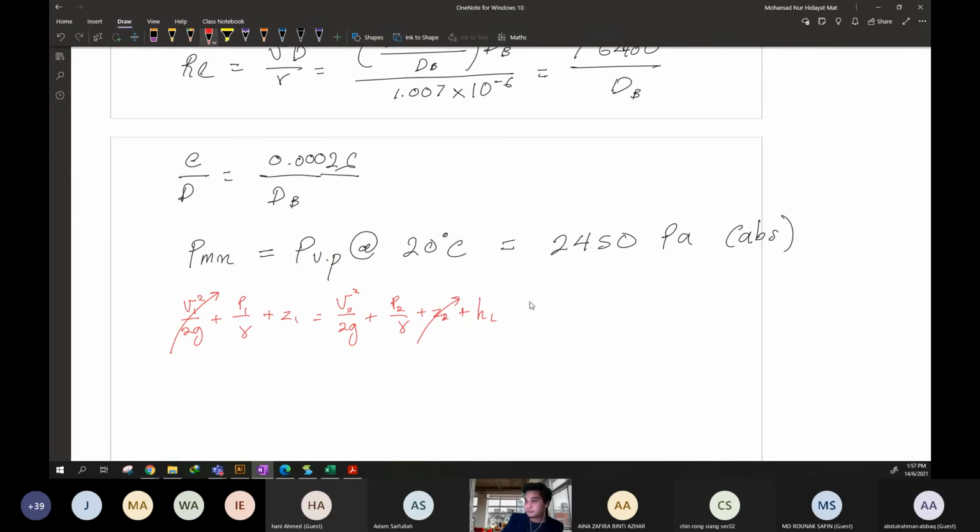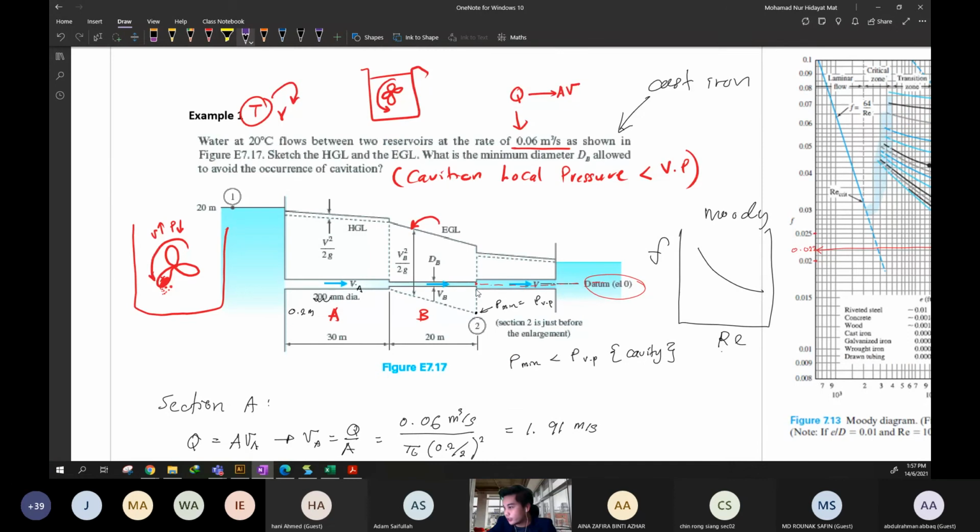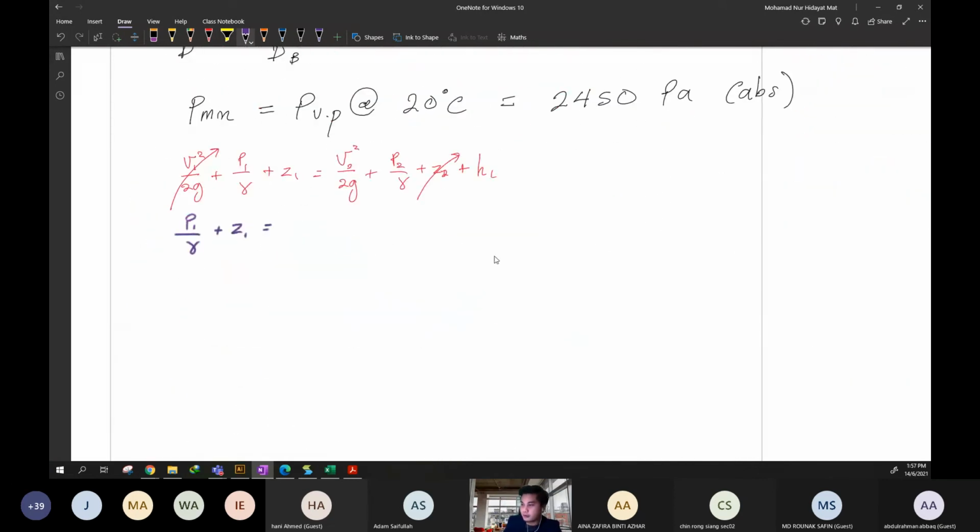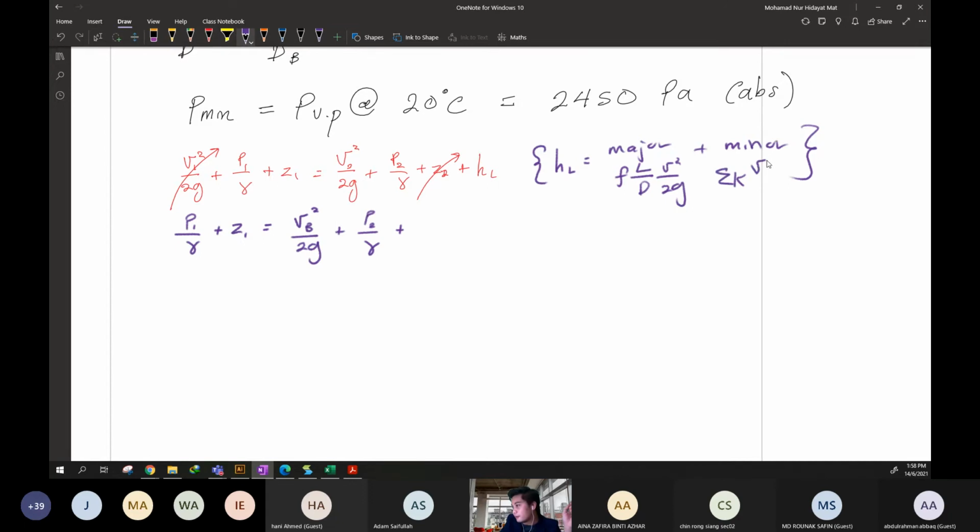From here, let's rearrange. P1 over gamma plus Z1 equals VB squared over 2g, because the velocity at point 2 relates to VB, the velocity coming from B, plus P2 over gamma plus head loss. The head loss is the major plus minor losses: major is f L over D times V squared over 2g, and minor is the summation of K times V squared over 2g.